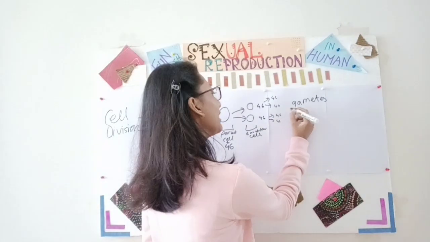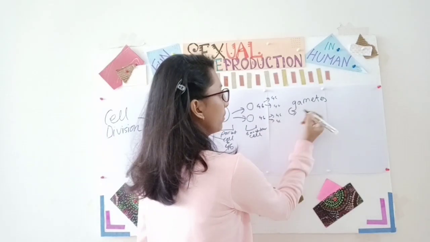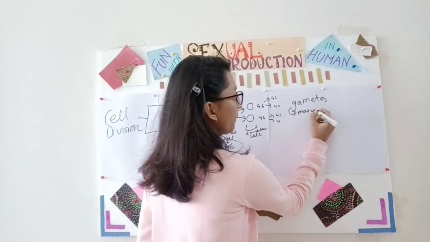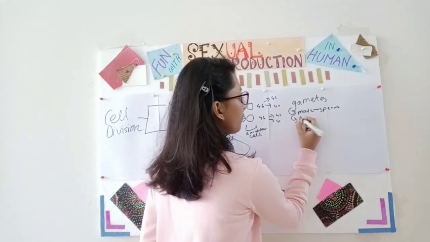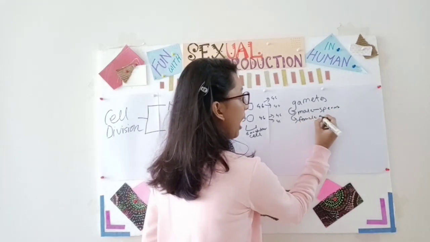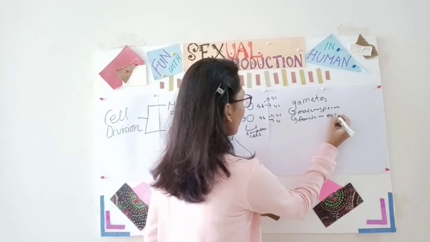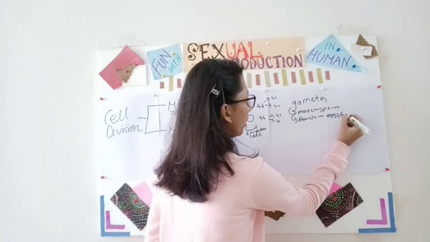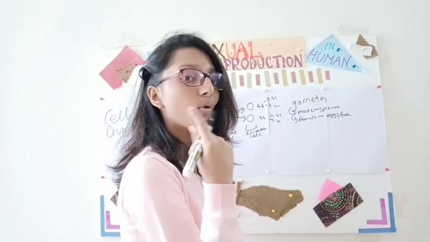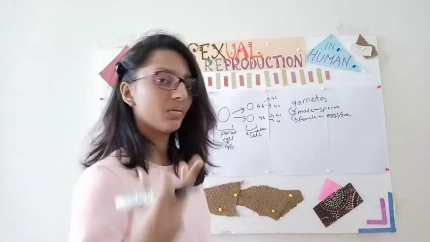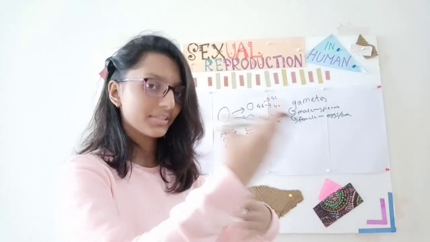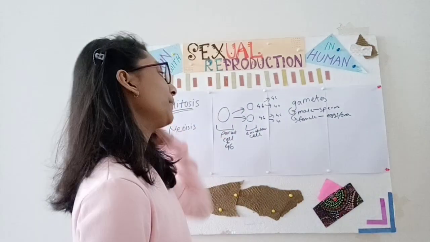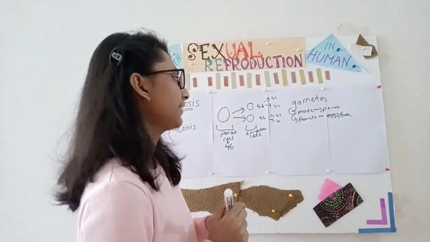Male gametes are called sperms, and female gametes you can call eggs or ova. The singular form of ova is ovum. You'll be acquainted with both ova and ovum during the process which we will be discussing in later episodes.